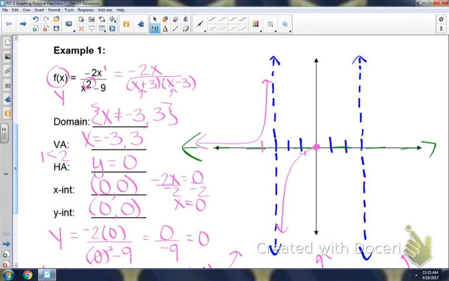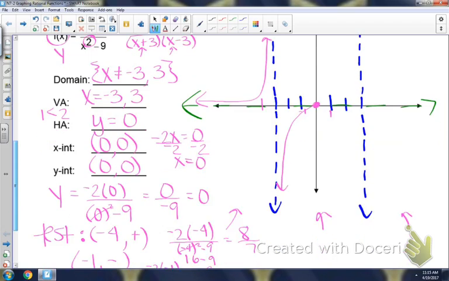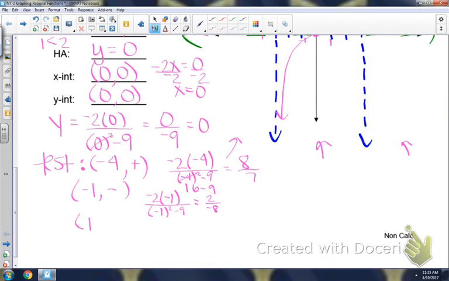Now we need to look at the right side of that point. It's a 1. So I'm going to plug in a positive 1 into our original. So that's -2 times 1 over 1 squared minus 9. So we're going to get -2, and then you're going to get -8. So overall it's going to be positive.